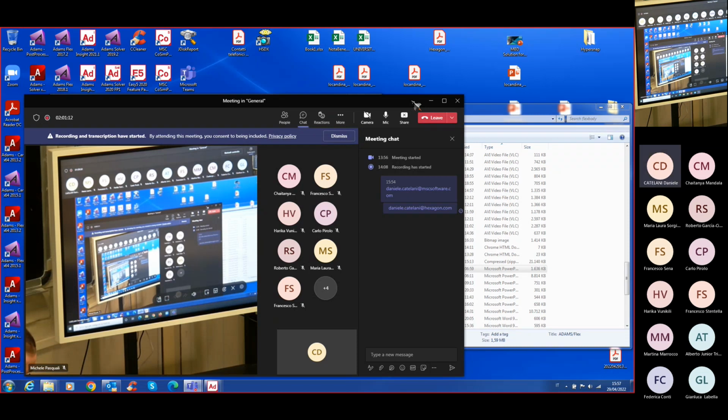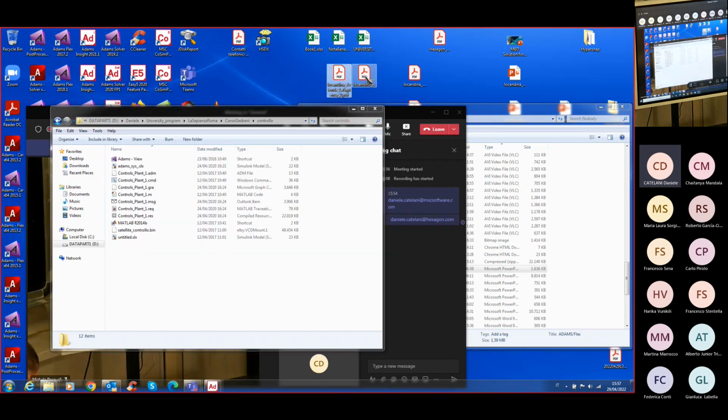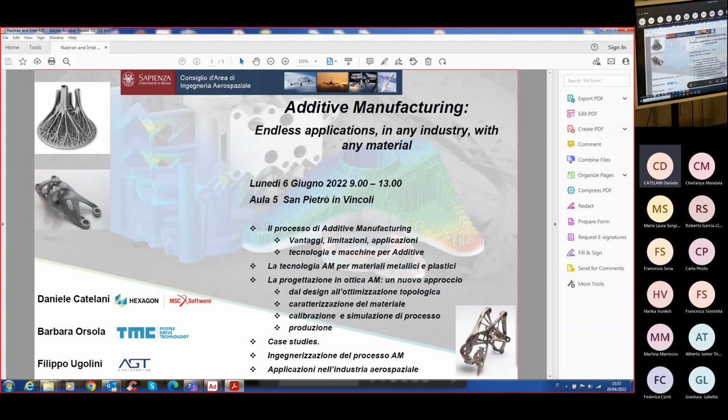For the next 6th of June, in one day, morning and afternoon, we have organized 2 seminars. The first, in the morning, is on additive manufacturing. It is in Italian, for many reasons, but all the material is in English.